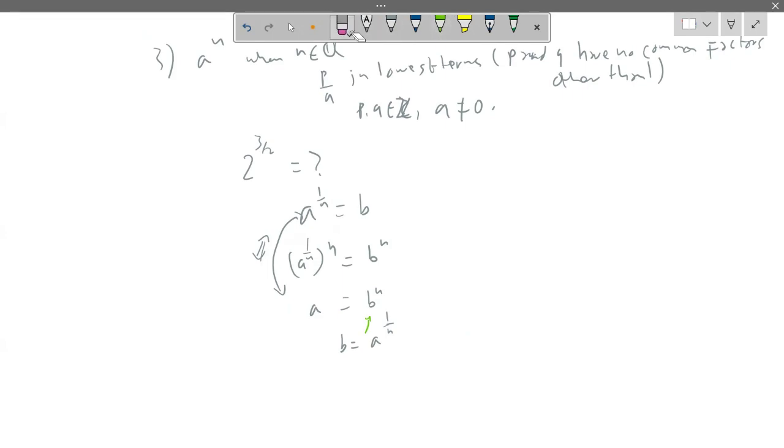If we choose b to be the nth root of a, then this equation is satisfied. An example: if you want to find the value of b that solves a to the power of 1/2 equals b, what is b then? b is equal to the second root of a, otherwise known as the square root of a.